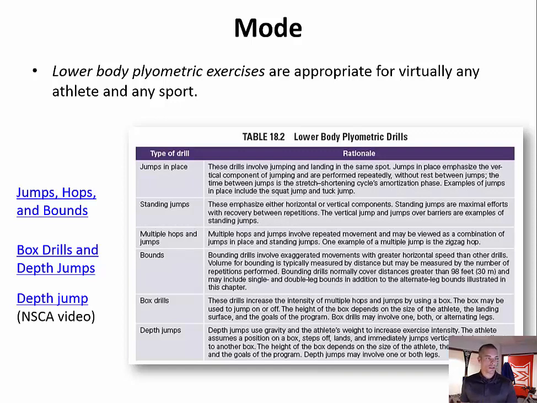And you see descriptions of each one of these lower body plyometric drills within this table. And over here are links to various videos that are associated with the National Strength and Conditioning Association, really showing the various lower body plyometric drills in action. And these are the same videos that can be found on the Canvas page.